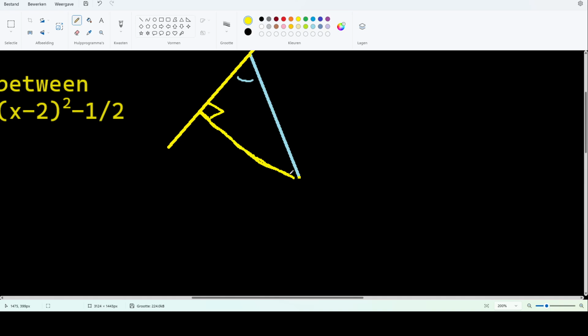And then the claim is that this line is shorter. The distance from here to here is shorter than the distance from here to here. Well, this one is 90 degrees, so that means that you didn't have the shortest distance between these two points.